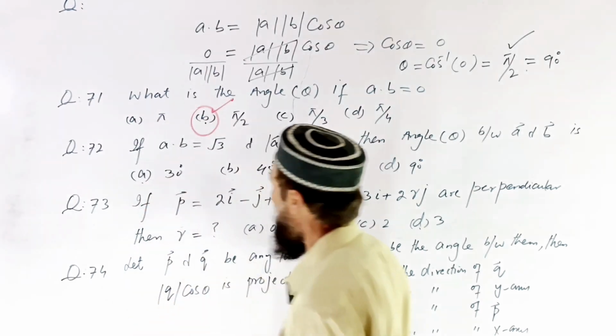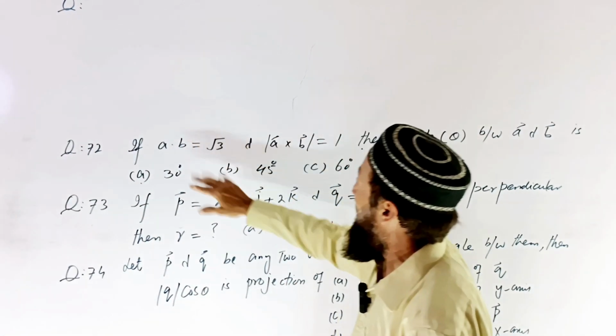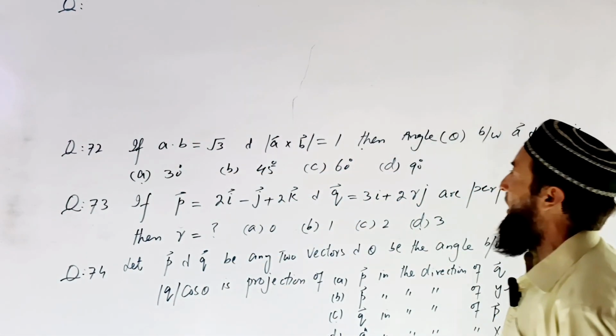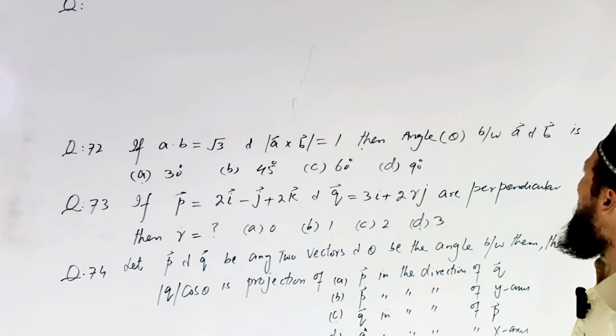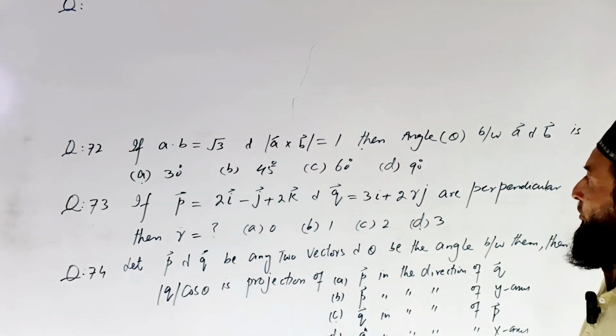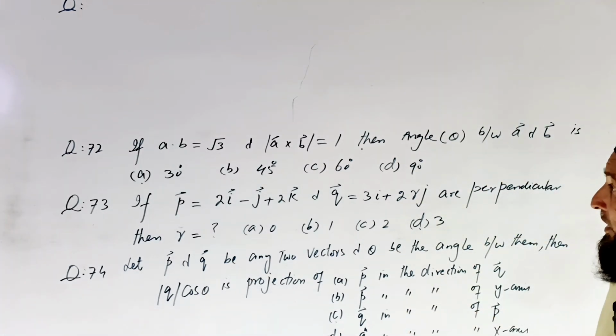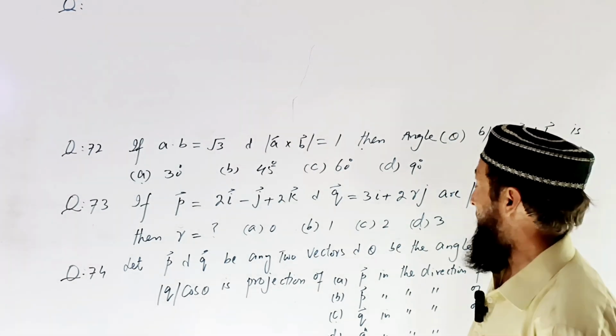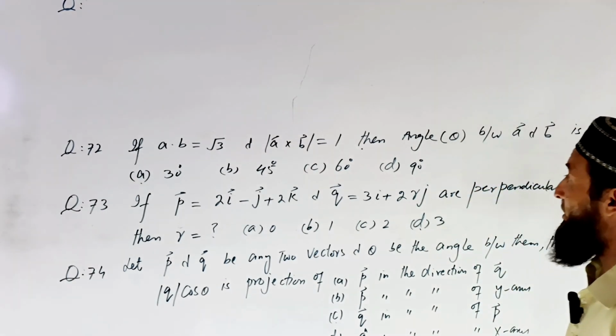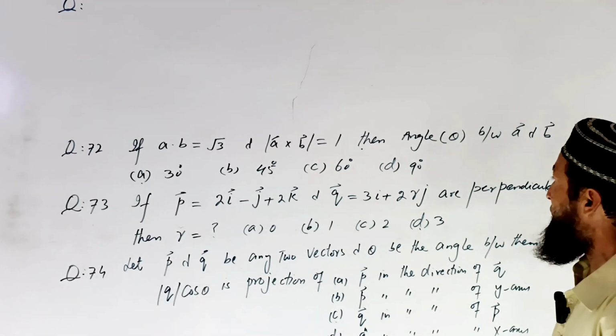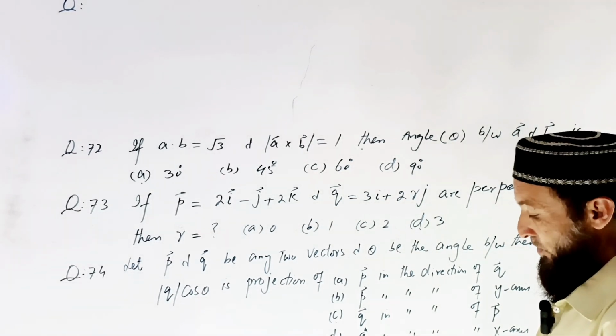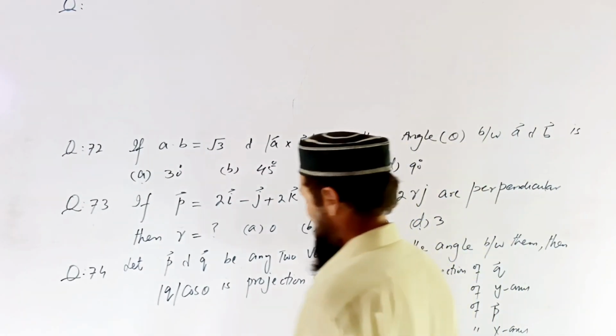Question number 71. A dot B is equal to the square root of 3 and A cross B is equal to 1. Then the angle between them; we have already found this type of result in question number 70. So if we apply both properties, what result will we get?